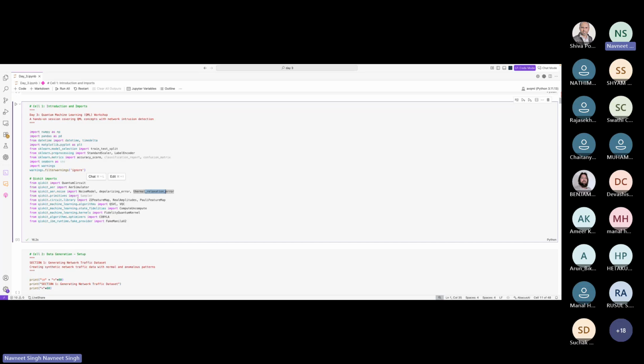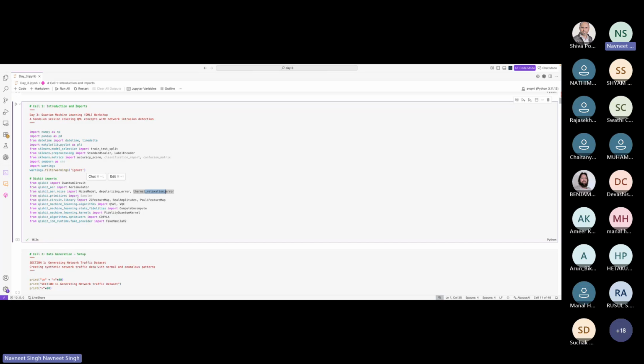Then the Pauli feature map is another type of ZZ kind of feature map, where instead of using ZZ entangling interactions, we use the Pauli operators like Z or ZZ to embed the data. And this is one of the most expressive among every encoding scheme, as they discussed previously.